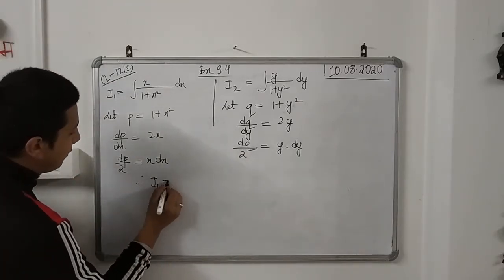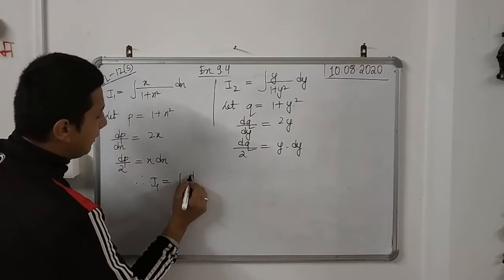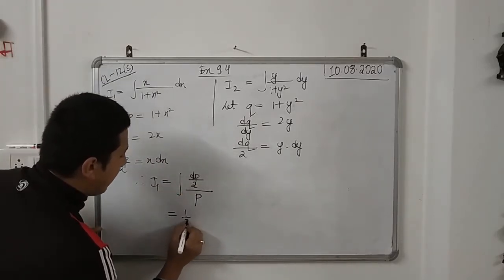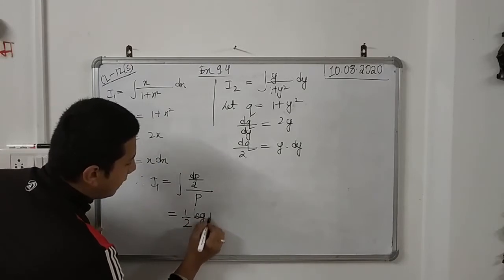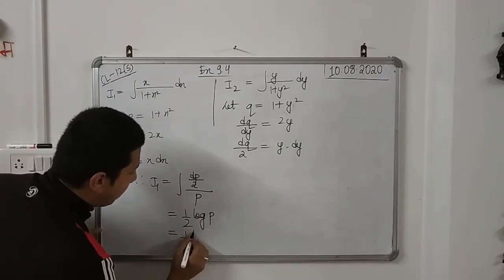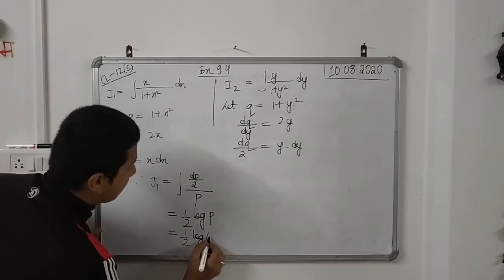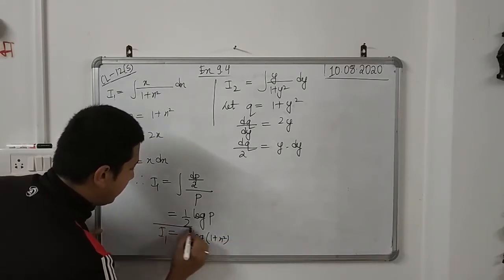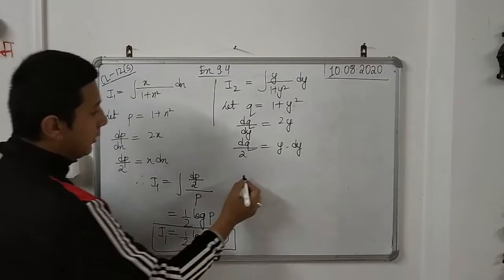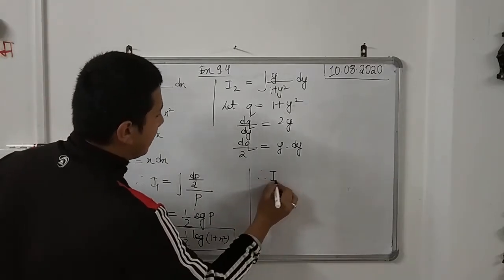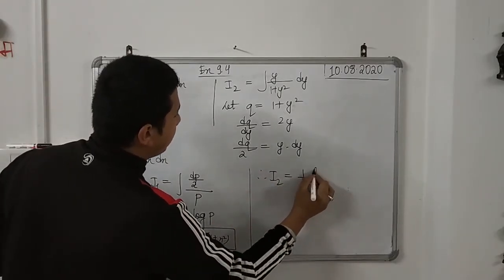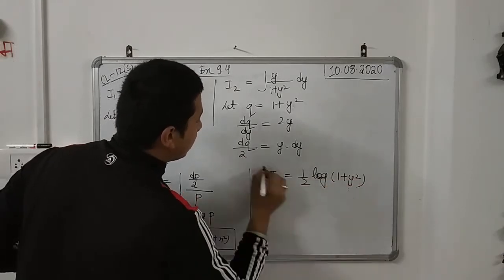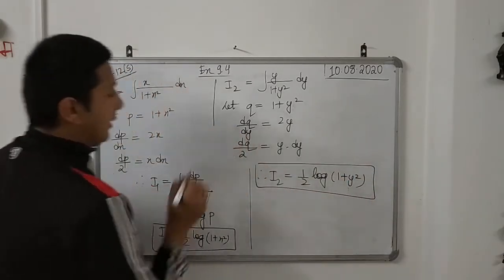So I1 will be dp by 2 divided by p, which means half log p. And what is the value of p? Half log of 1 plus x squared. So this is the value for I1. Similarly, when you solve it, you'll get the value for I2 as half log of 1 plus y squared.